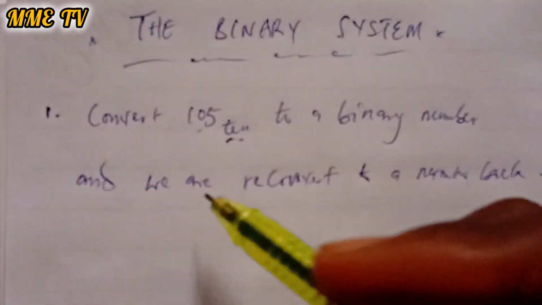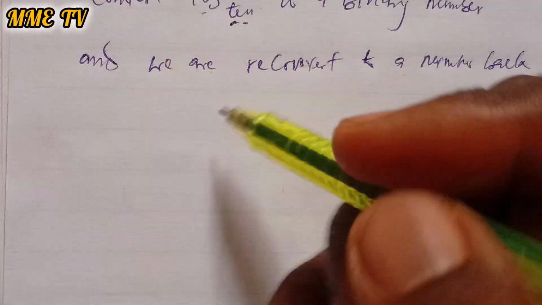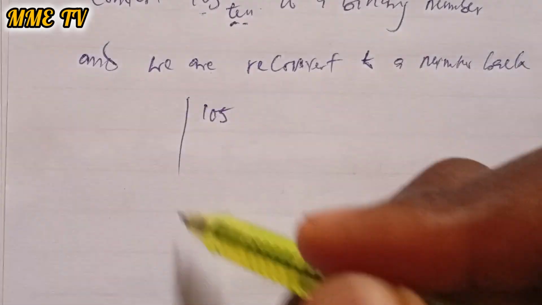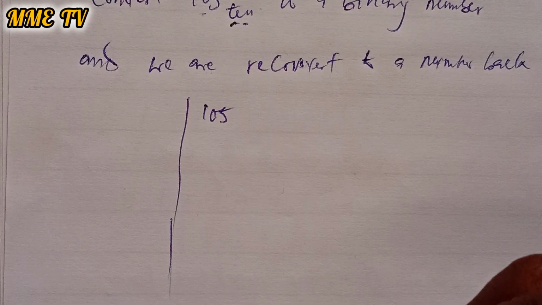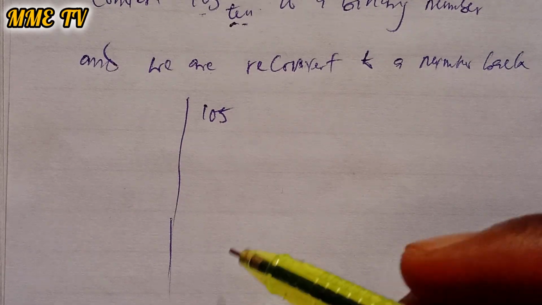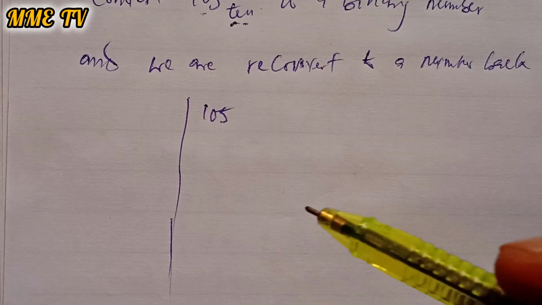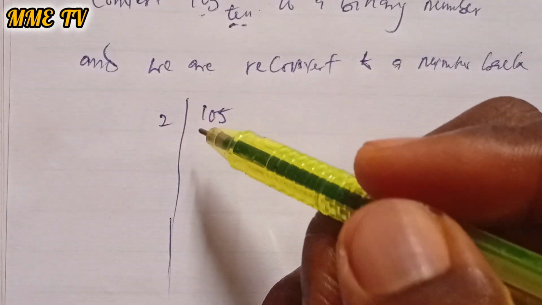With what we are given, what we are expected to do is this. We will start with, first, 105. Then we are going to cross a line to divide this into the simplest form. You understand? Because the highest number of a binary is 2, we start with 2.